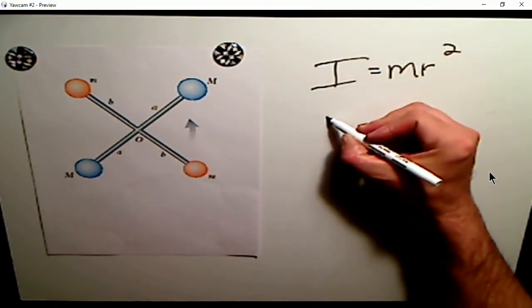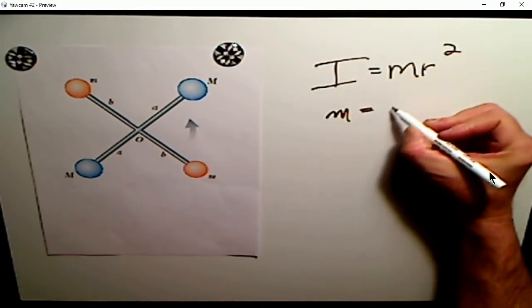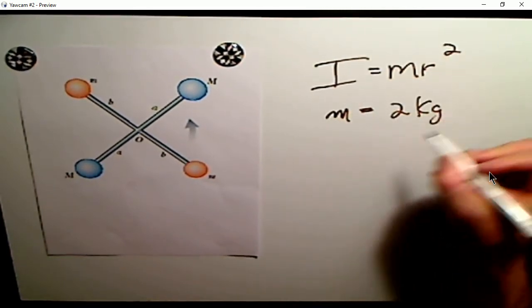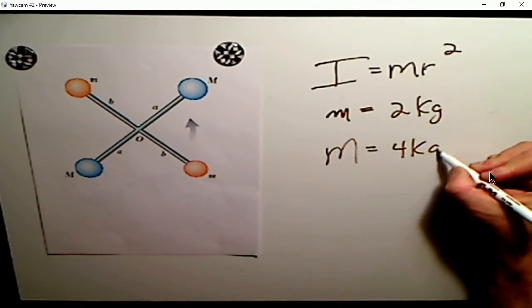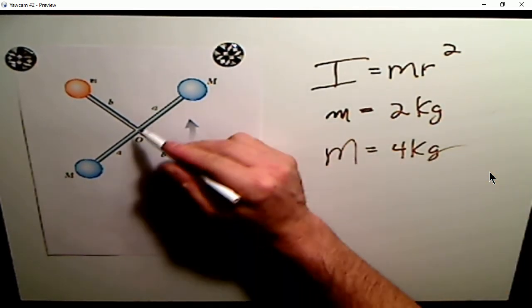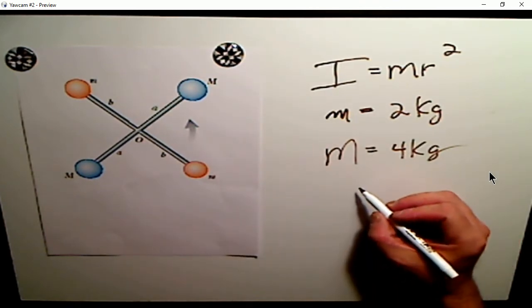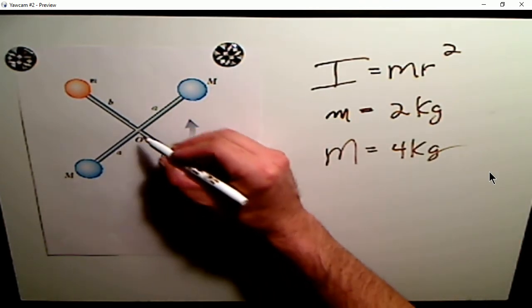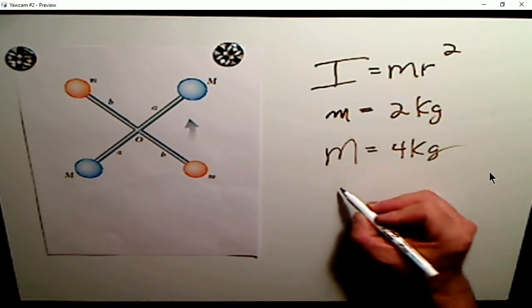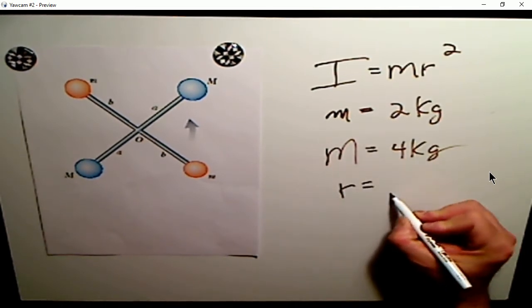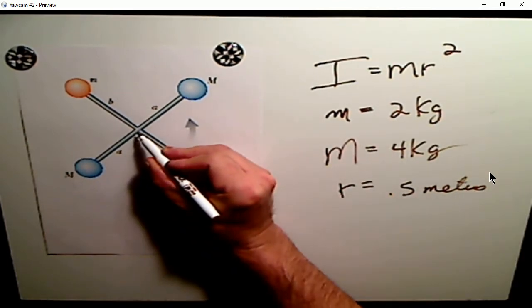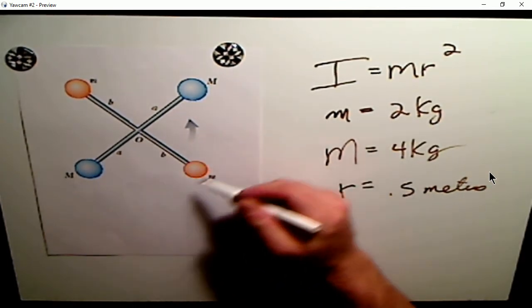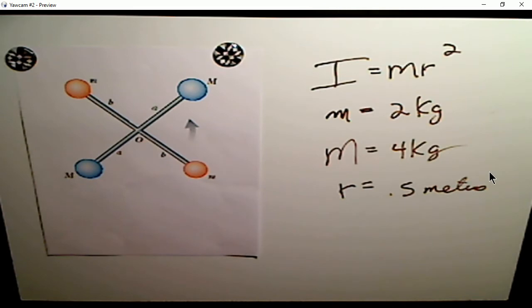So we're going to define little m as equal to 2 kilograms, let's say, and big M as equal to 4 kilograms. And let's say the distances are all equal, the radius being 0.5 meters. We're rotating off this center point. What is the moment of inertia here?